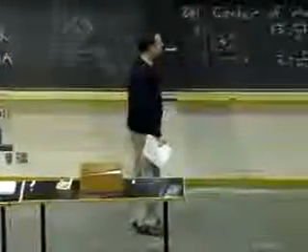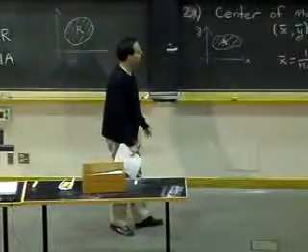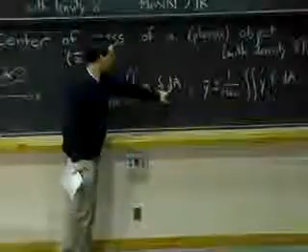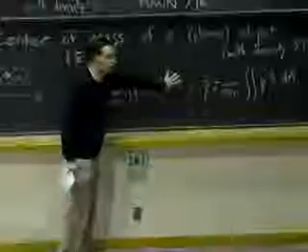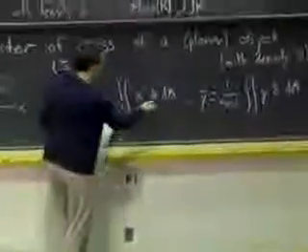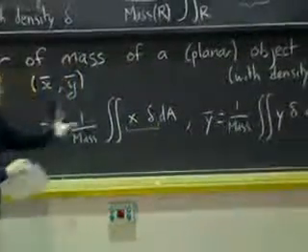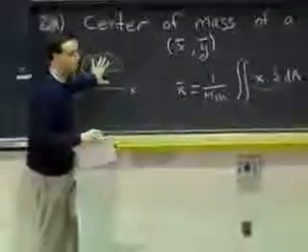Any questions so far? No? Yes? When you do that double integral, the inner one is y, the outer one is... No, sorry. So here I didn't set this up as an iterated integral yet. Here, the function that I'm integrating is x times delta, where delta, the density, will be given to me maybe as a function of x and y.